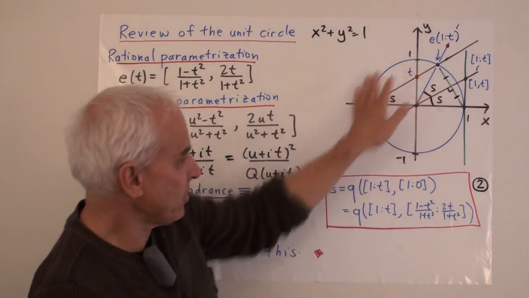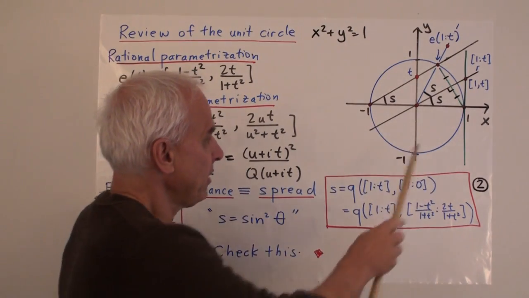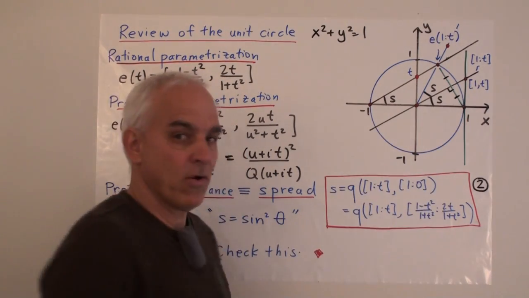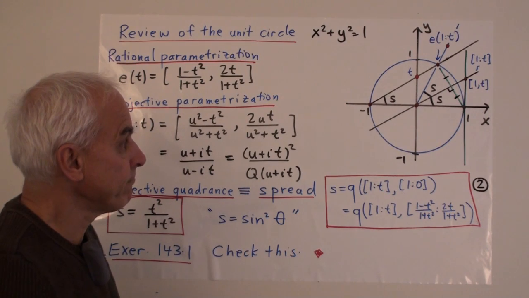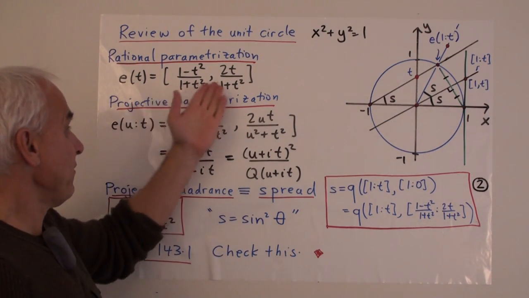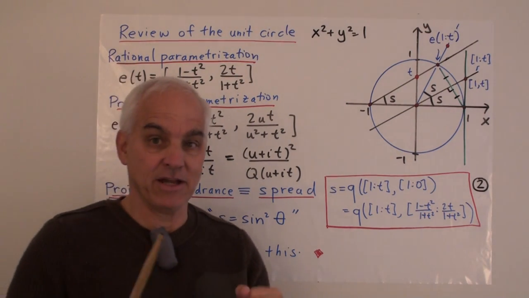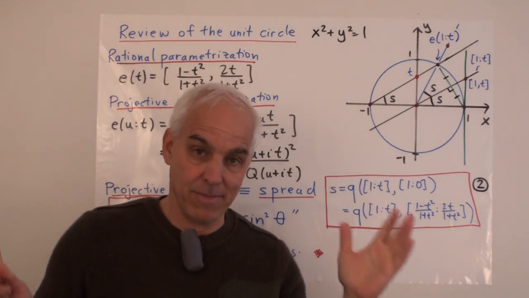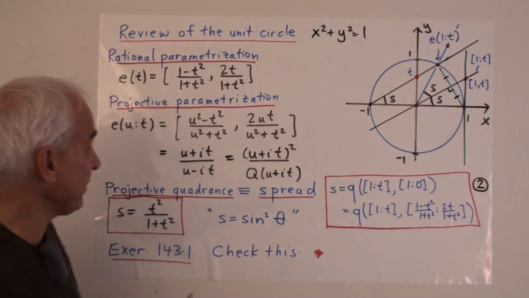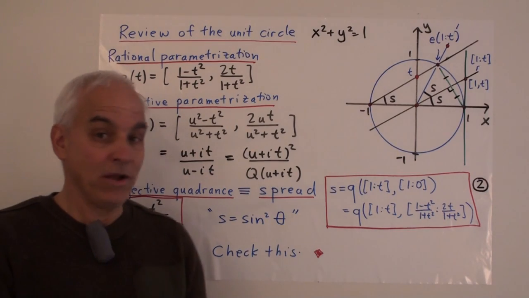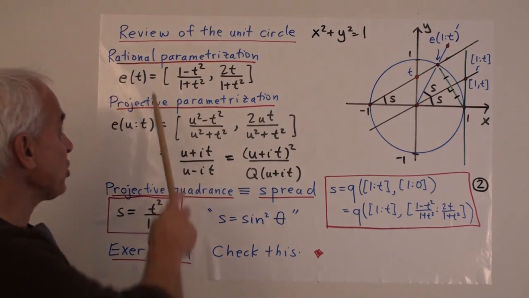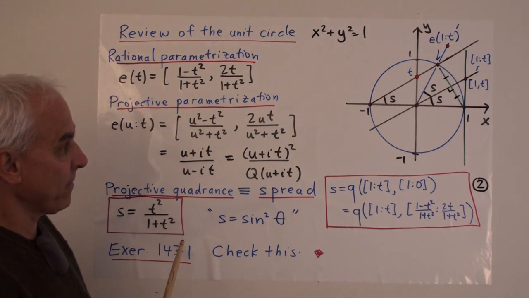Alright, so here's our unit circle in the xy plane, diameter going from -1 to 1. One of the very fundamental things about it, which I emphasize many times on my channel, a very fundamental fact that all undergraduates should well know, is a rational parametrization of this thing.